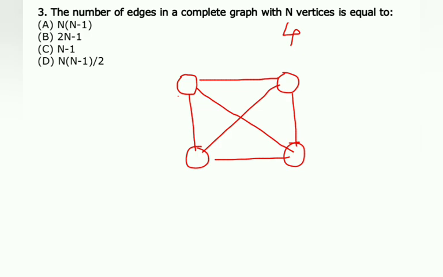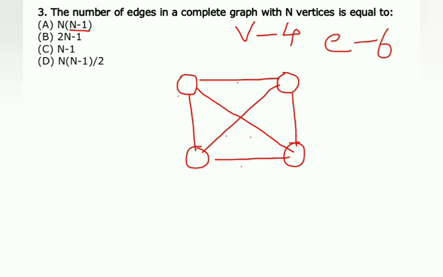There are 4 vertices and 6 edges: 1, 2, 3, 4, 5, 6. Let us substitute into the options to see which one satisfies. Option A: 4 into 4 minus 1, that is 4 into 3, that is 12. So this one is wrong. The answer must be 6.